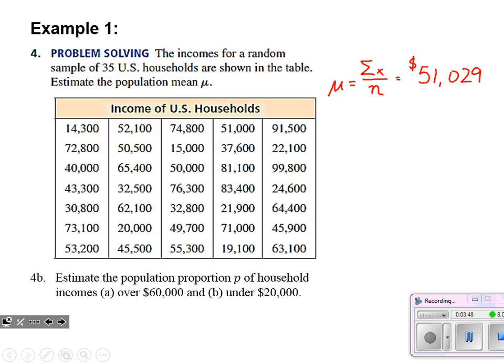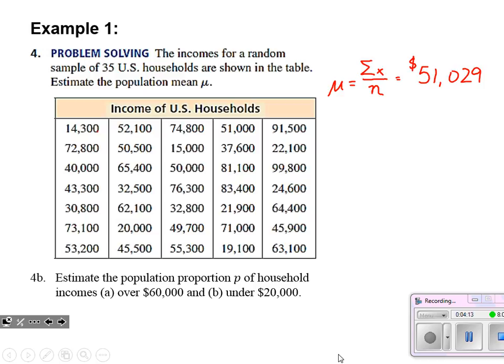This is not part of the question. It's just extra calculations that we can do. We would do plus or minus 1 over the square root of 35 to find our margin of error as a percentage. So $51,029 plus or minus 1 over root 35, converted into a percent.